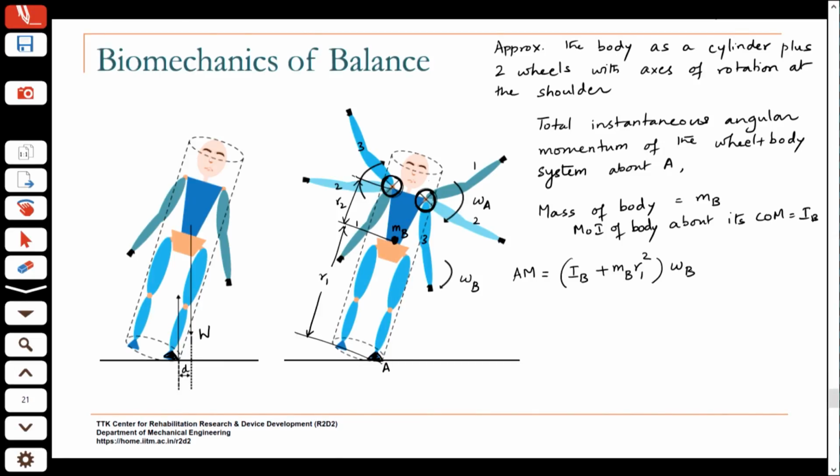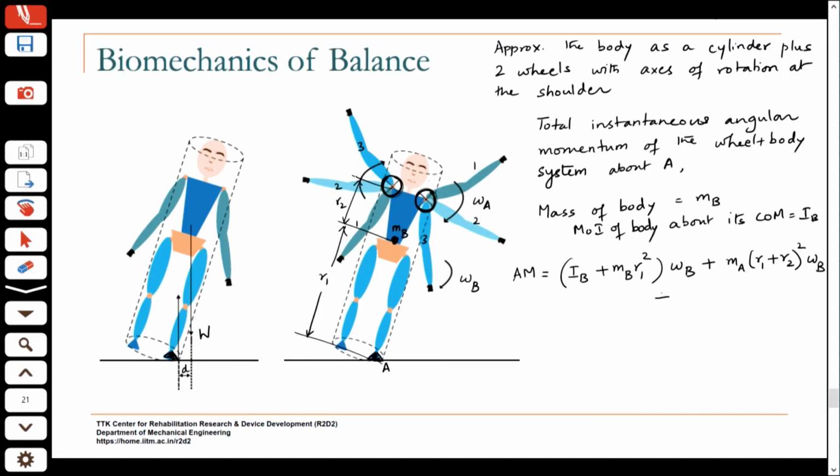In addition, I have the arms, I am approximating them as wheels, or rings, the center of mass is at the shoulder. So, I have MA (R1 plus R2) square into omega b, again the whole thing is rotating with the body.